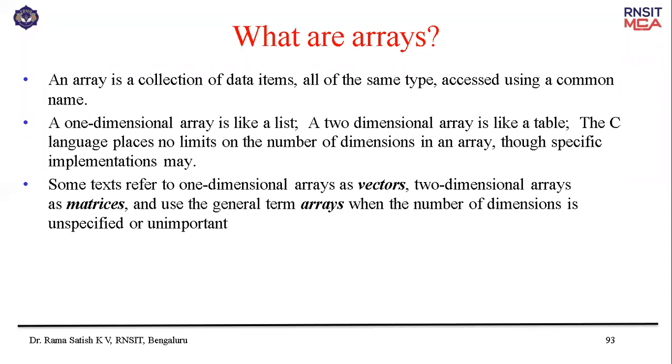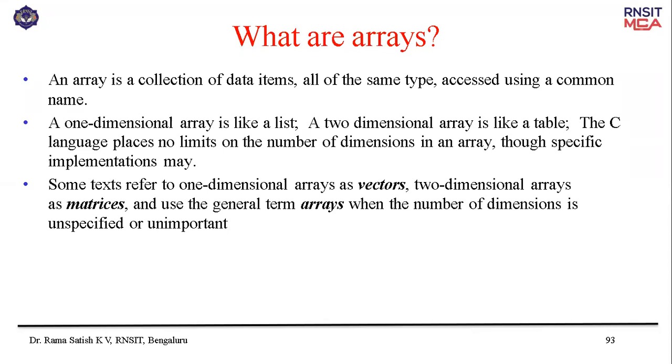That is possible. And of course, a one-dimensional array is just like a list. A two-dimensional array is just like a table where you have rows and columns. And in C language, what happens? C language supports the creation of arrays up to the capacity of your computer memory.